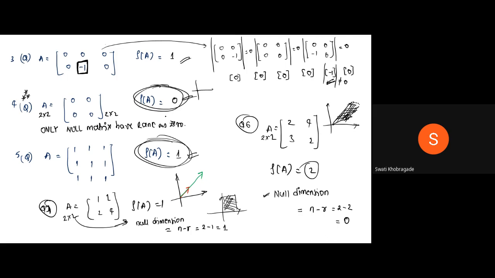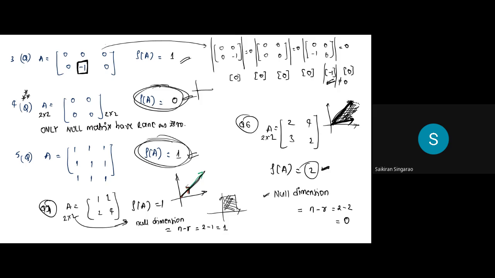The same thing can be told like this. If you are trying to show the vectors like this, these two vectors are linearly independent. If the vectors are linearly independent, then the rank will be the same as however many vectors there are. Here, one vector is lying on the same line as the other.